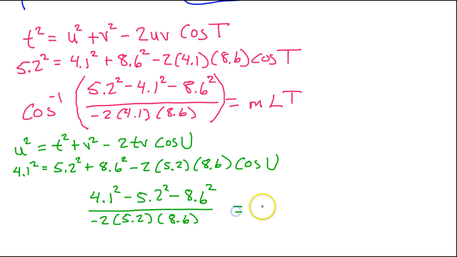That's going to get the cosine of angle U by itself. But what I really want is angle U instead of the cosine of angle U. So if I want angle U by itself, I need to do the inverse cosine of all of this. That will give me angle U.